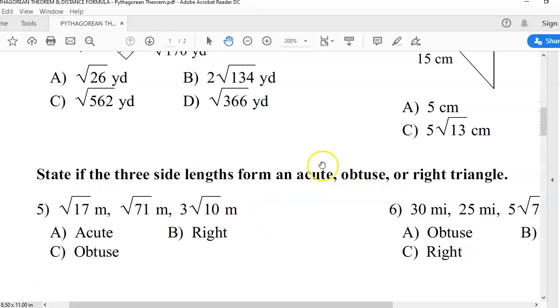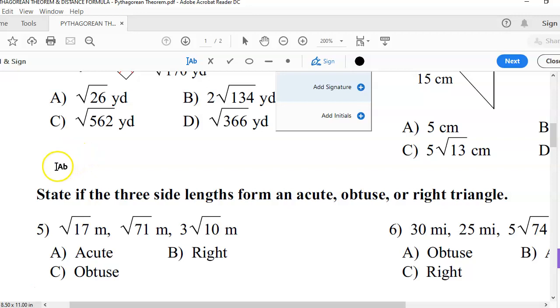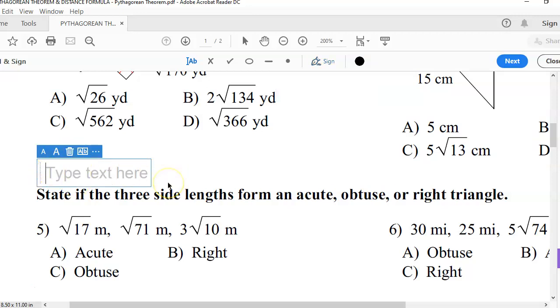The last part of our lesson was acute, obtuse, or a right triangle. So if you have c squared greater than a squared plus b squared, then it's obtuse.